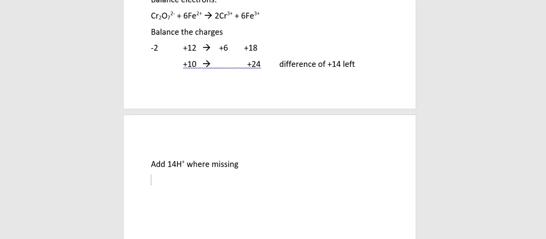So it means we have to add 14H+ on the left side. And now we can put the rest of the equation here.